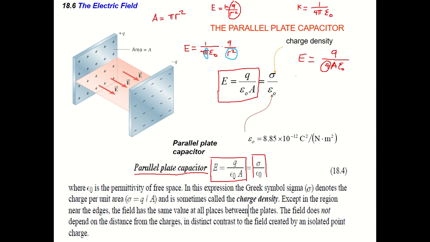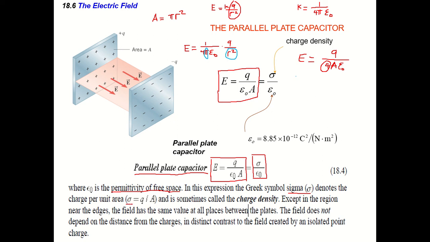This is equivalent to sigma divided by epsilon sub 0, where epsilon sub 0 is the permittivity of free space. In this expression, the Greek symbol sigma denotes the charge per unit area.